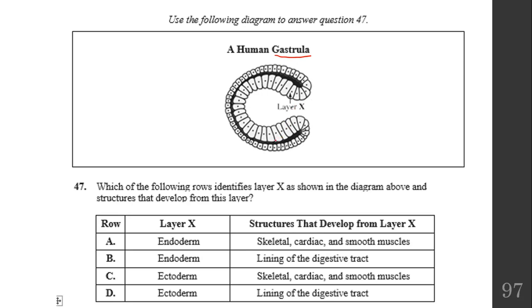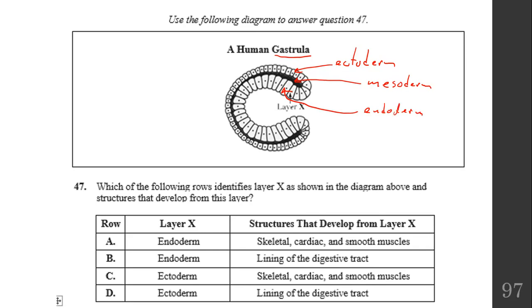And what that disc will do is it will fold. Okay, so the outer layer of cells, this would be the ectoderm. The middle layer of cells would be the mesoderm. And this inner layer of cells right here would be the endoderm.